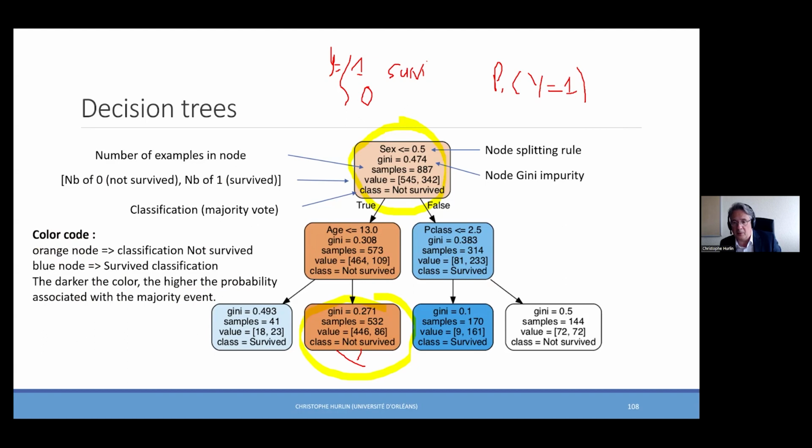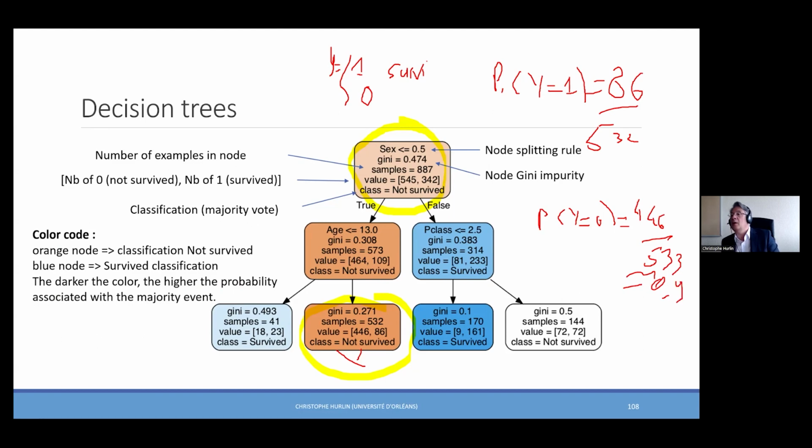This is simply defined by 86 divided by 532. Or in the same way, the probability to not survive is equal to 446 divided by 532. This is approximately 0.8.